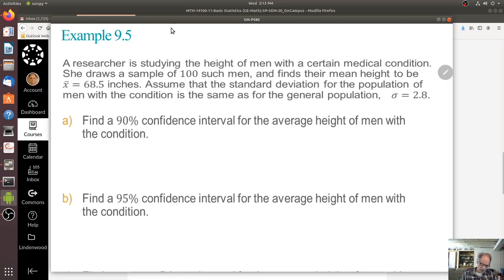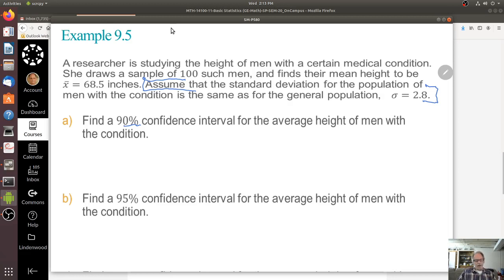Here is the important sentence. We are being given the standard deviation of the population. Immediately that means we're going to use z-statistics, and we're going to use that z interval that we just did. Find a 90% confidence interval.